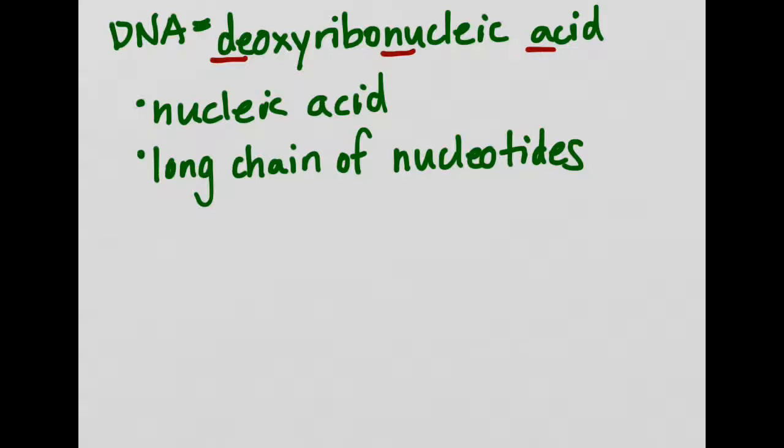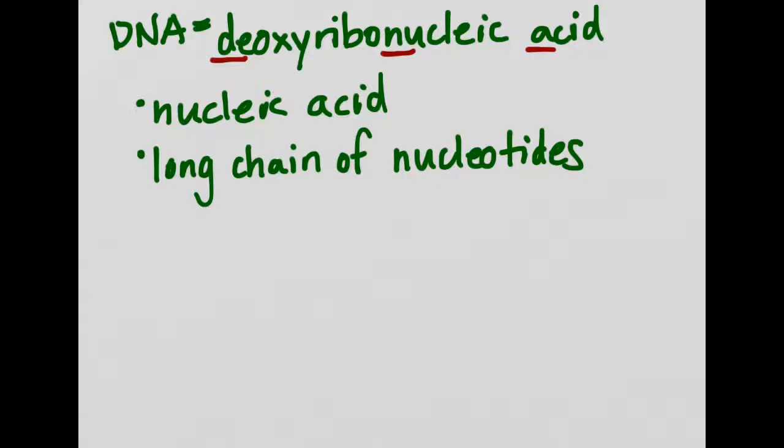You may remember this from other classes, or from the fall term, but nucleic acids are long and tend to be slightly acidic, and they were originally identified in the nucleus of the cell.